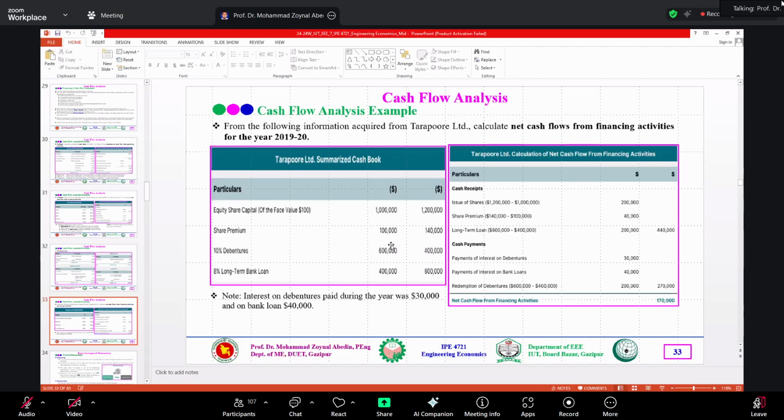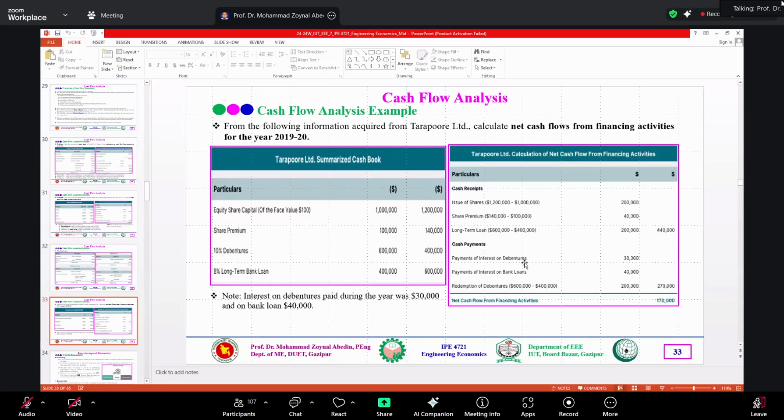And the long term, if you see here, the difference is 600K minus 400K. It is 200K. Then these all are inflow values, coming to your pocket. So if you add this value, that value and that value, then it will be 440K inflow.